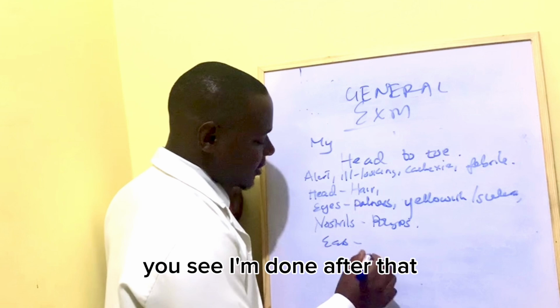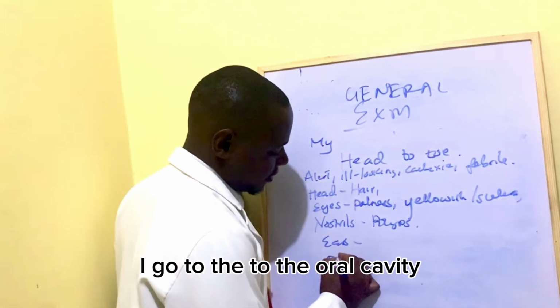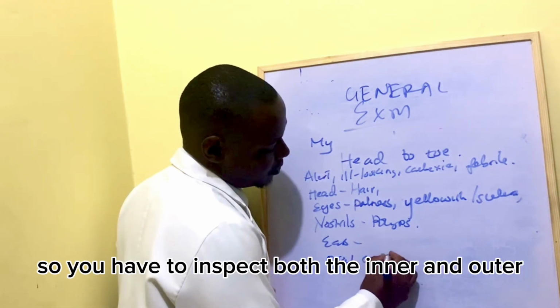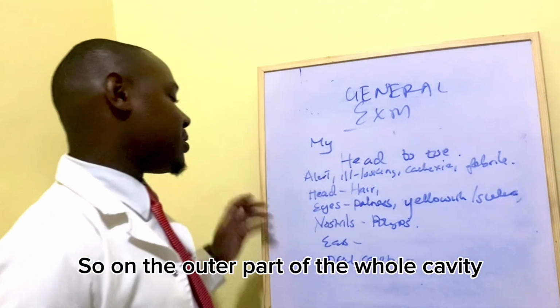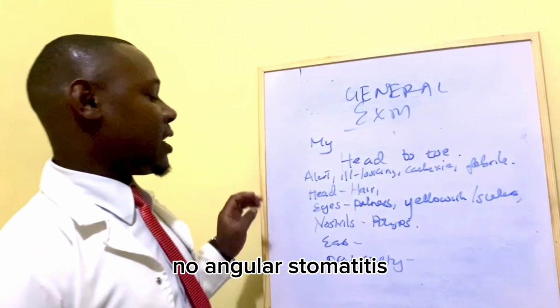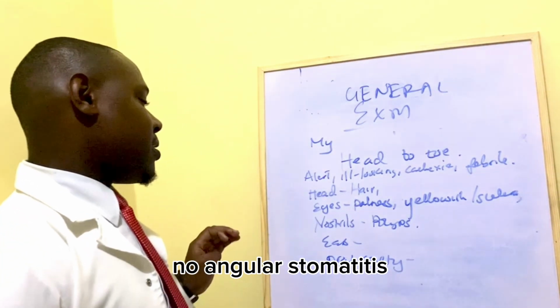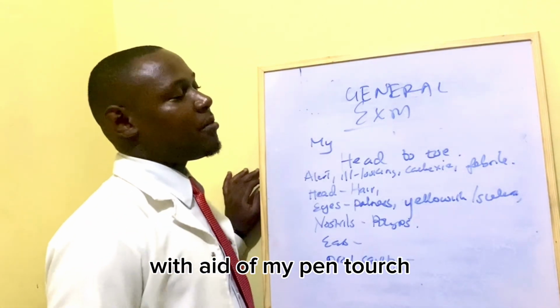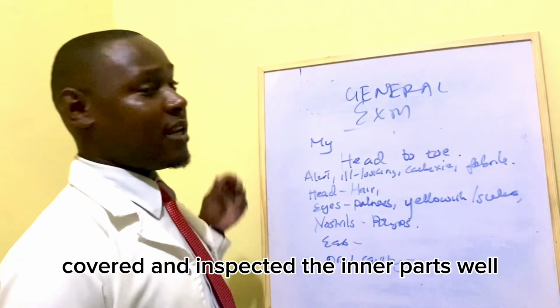I'm done. After that, I go to the oral cavity. So you have to inspect both the inner and the outer. On the outer part of the oral cavity, there's no angular cheilitis, no angular stomatitis. And then with the aid of the pen torch, I opened the oral cavity and inspected the inner parts.